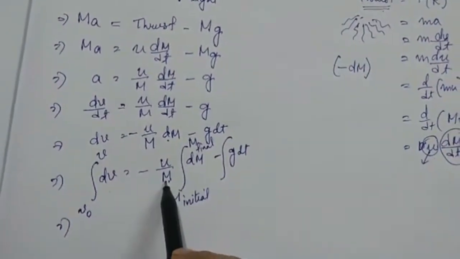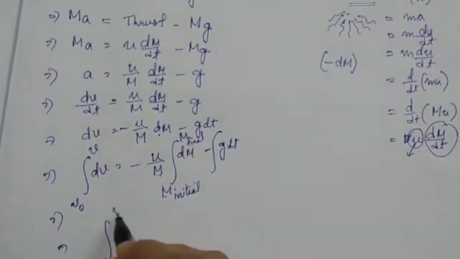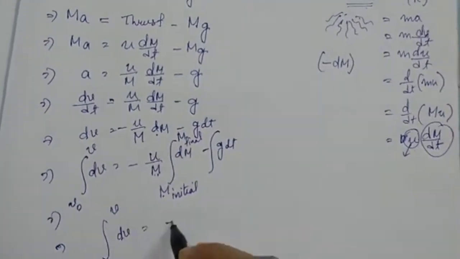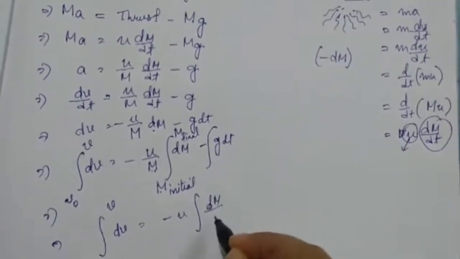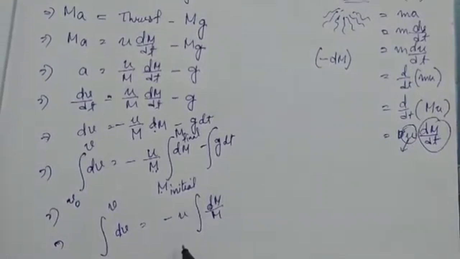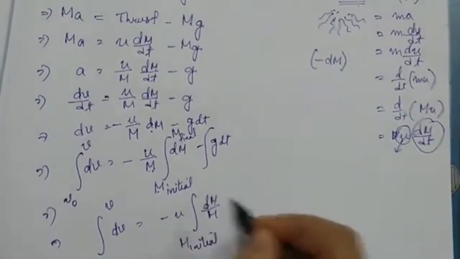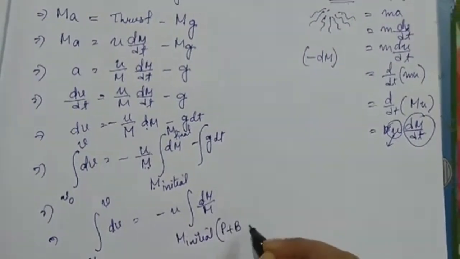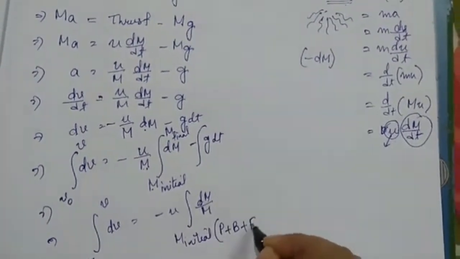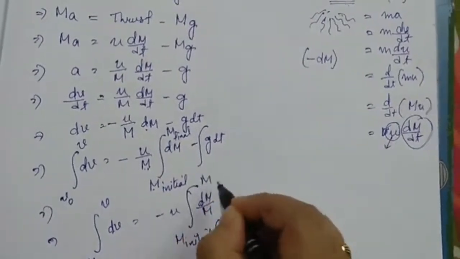So while we keep u outside, we will keep M inside. So v naught to v dv equals minus u, kept outside, dm by m. So m initial means what? Payload plus body plus fuel, is it? And this is m final.